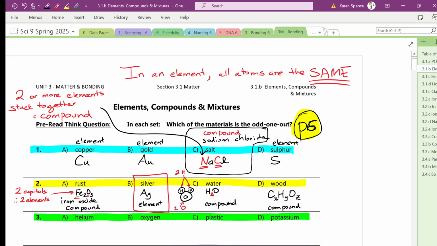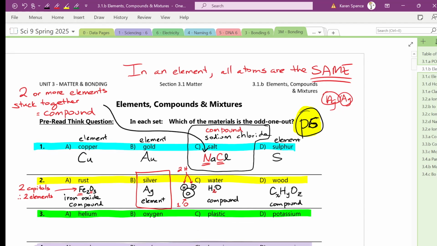Other than isotopes. Isotopes can be like little variations, but if you have silver, every silver is going to be Ag, they'll all be the same size, they'll all be the same shape, they'll all have the same number of protons, they'll all have the same number of electrons. They might vary in their neutrons, but that's it. Okay?